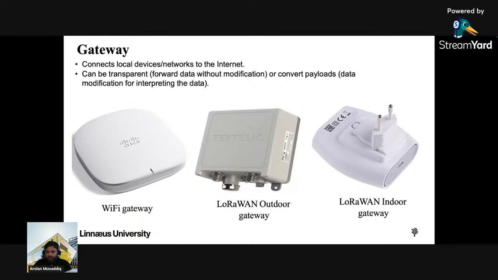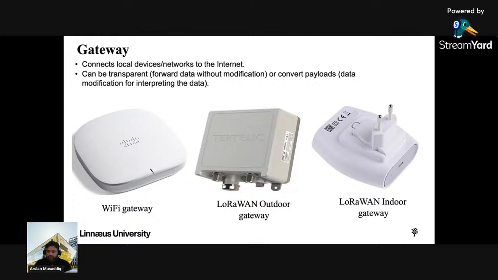The choice of gateway depends on the use case. For a simple system, a transparent gateway may be sufficient. But for complex IoT systems involving multiple protocols or many devices, payload converting gateways may be required. Another role of a gateway is to provide security by managing data encryption and monitoring the traffic.